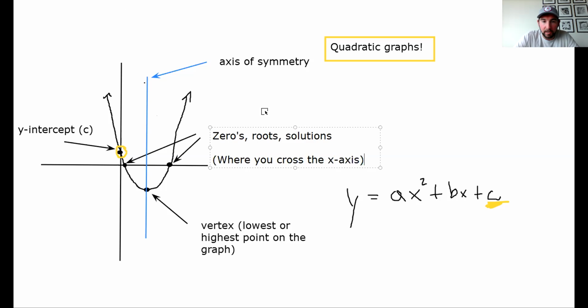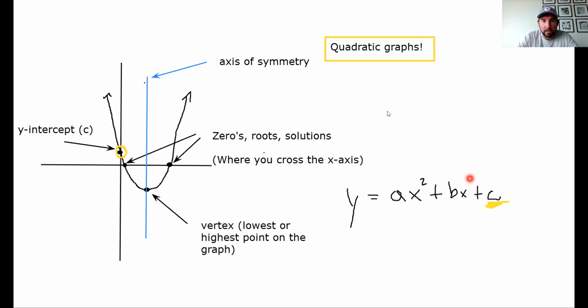Okay, next we have the y-intercept. The y-intercept is our c value. I underlined this c right here because our y-intercept is always going to be this number at the end of our equation.